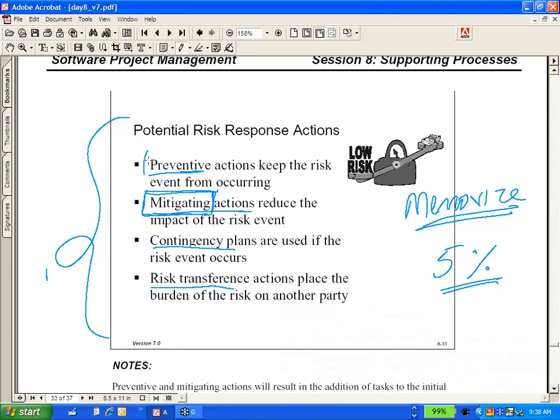You will either take some actions to prevent the risk. For example, let's forget about software project management for a while. Let's think about crossing the road. If you're crossing the road, what is the risk? Getting hit, run over by a car. So what is the preventive action? I would say don't even cross. Use the overpass. That's the most preventive. What did they do in 3 Idiots?